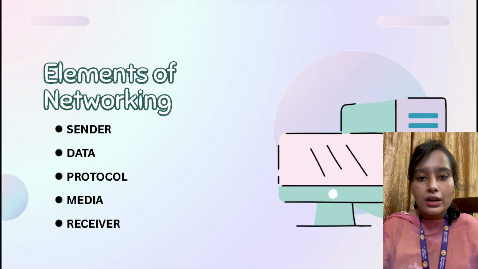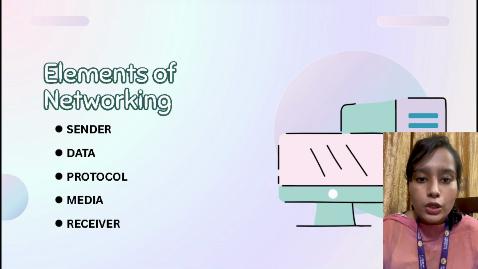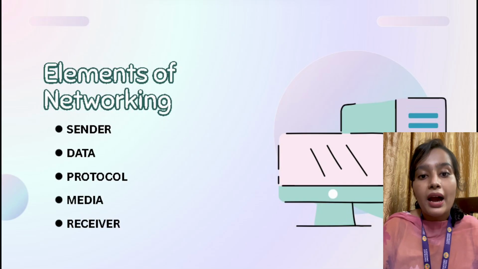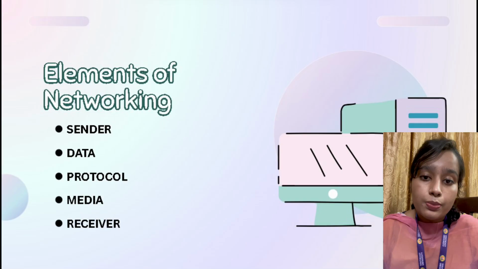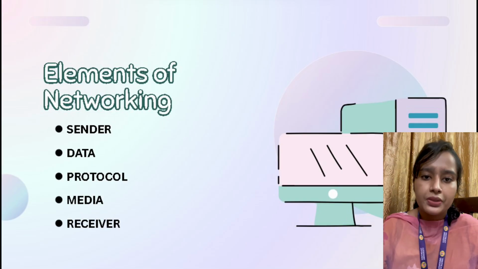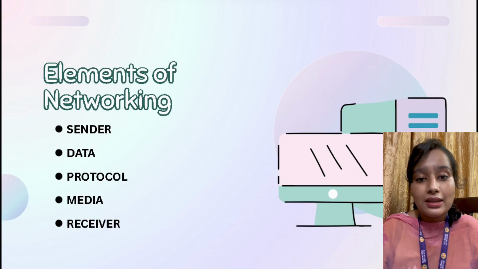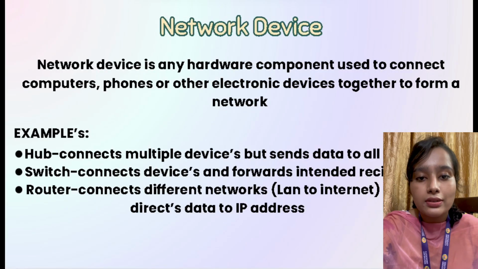In a simple word, I would like to explain it. Sender sends data to the receiver by media in a protocol. I will explain to you about protocol and media in some slides. And as we know what is sender, receiver and data. Now I would like to go to my next slide, which is about network device.